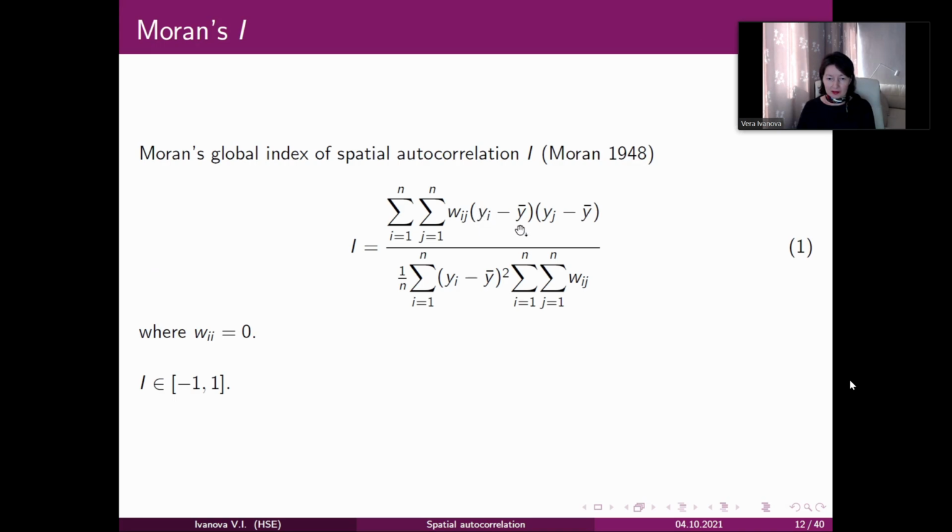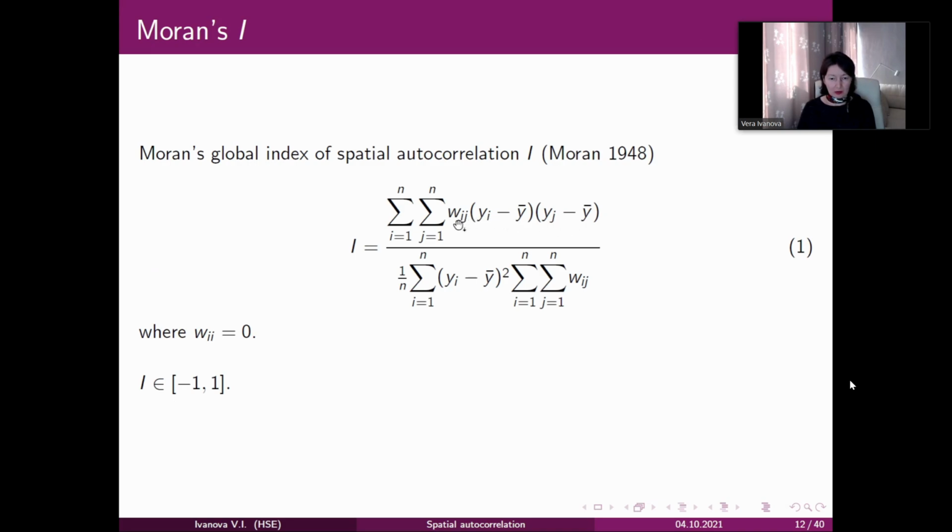We consider almost the common index of correlation, but we consider only one variable, in this case variable y, and we consider neighbors for each observation.